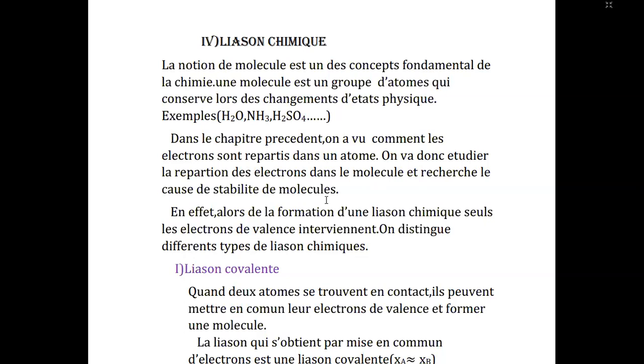And we're going to search also for the stability of these molecules. And you know that when you share electrons, there's a way each atom shares an electron for it to reach stability.